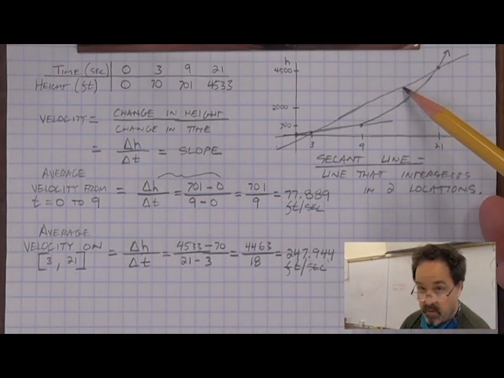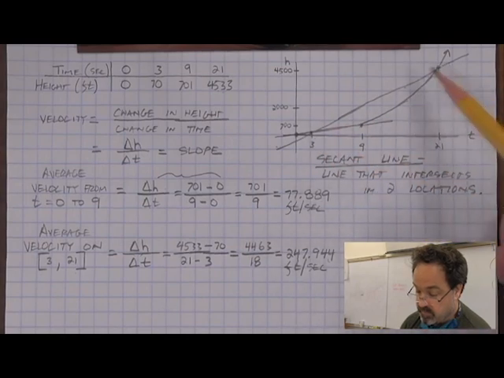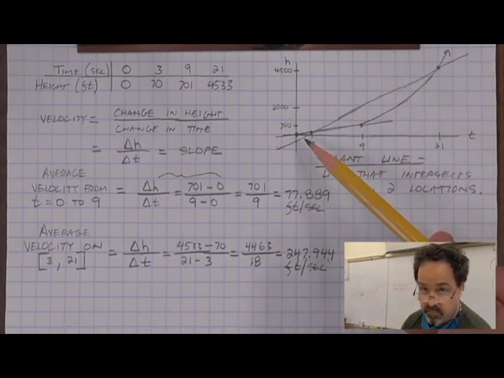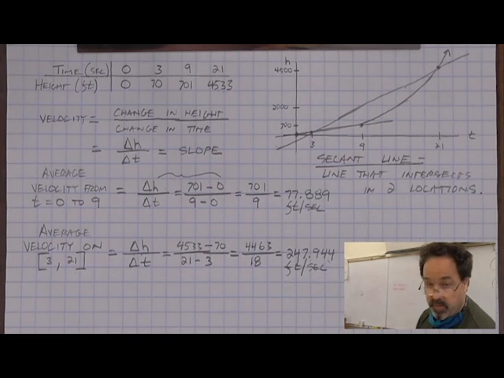The slope of this secant line is the velocity, on average, between the 2 points where it intersects the graph. And velocity is a rate of change.